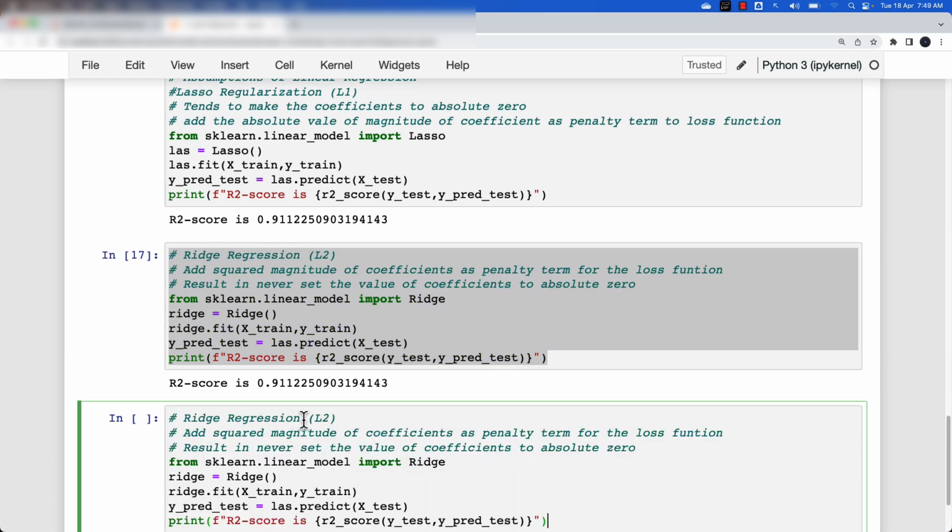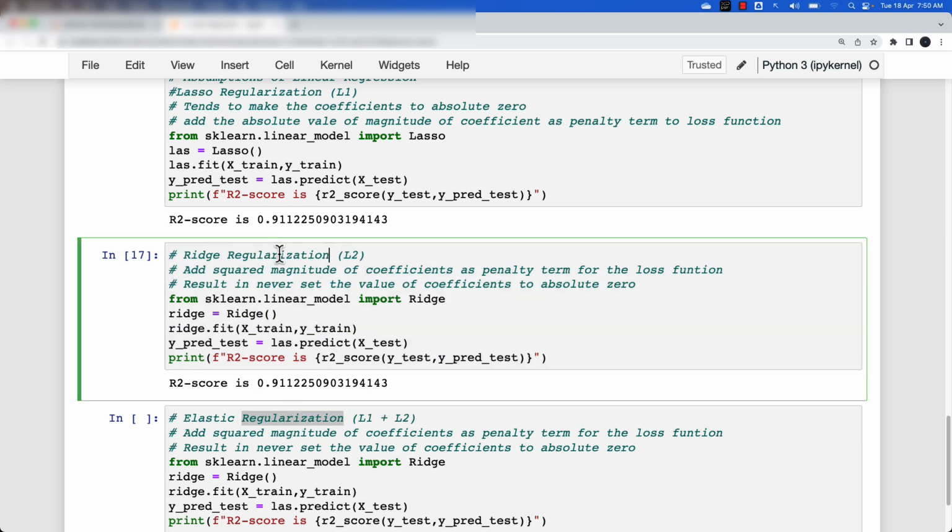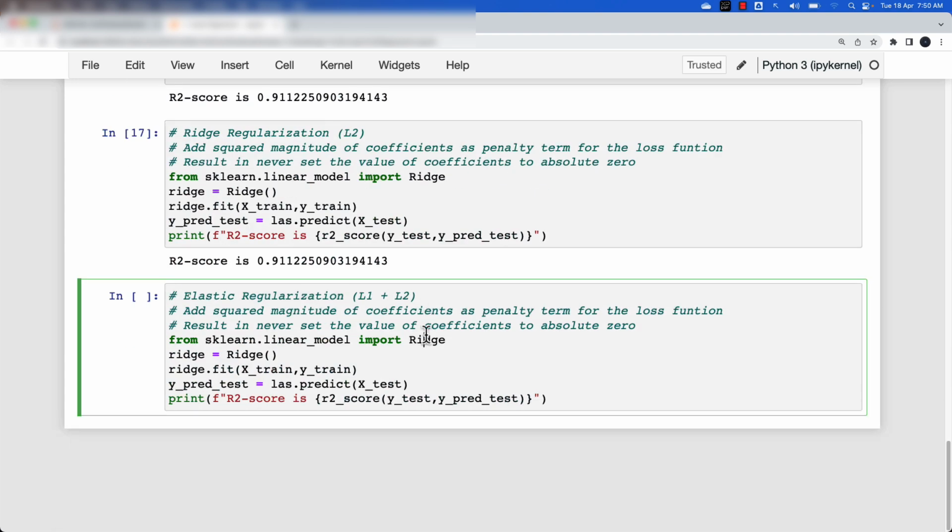Now, apart from lasso and ridge, we also have another regularization technique called elastic net regularization. In this elastic net regularization, it is the combination of L1 and L2, where we specify how much L1 regularization I have to apply and how much L2 regularization I have to apply, and we can control this with the help of a parameter.